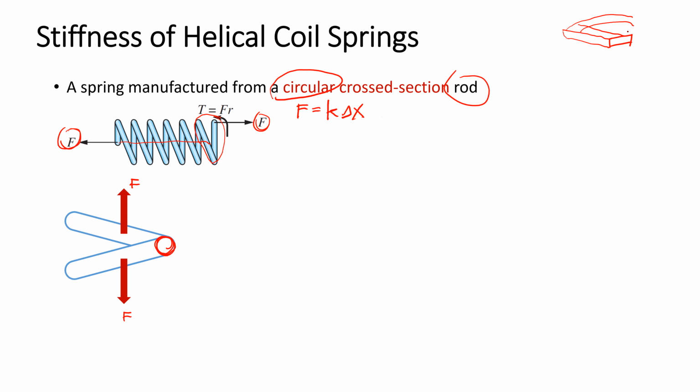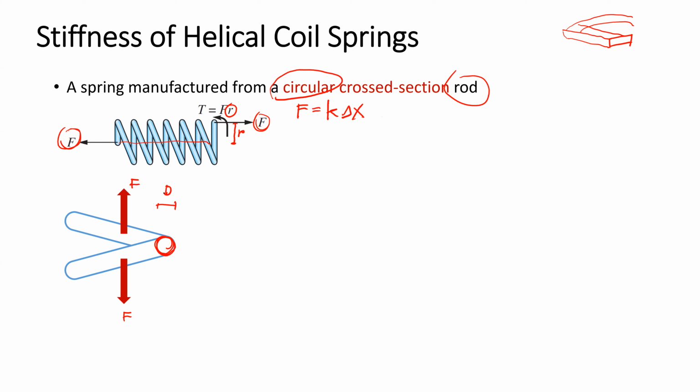The coil has the radius r. The rod has diameter d.